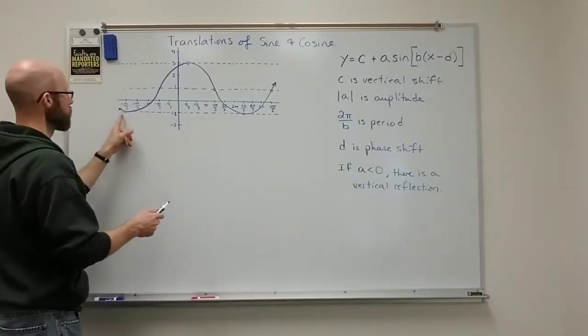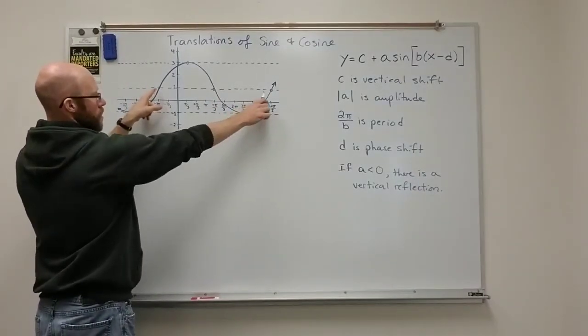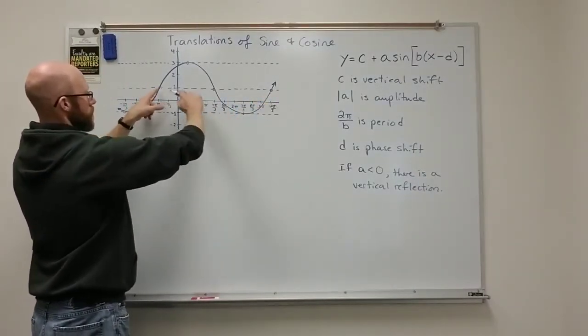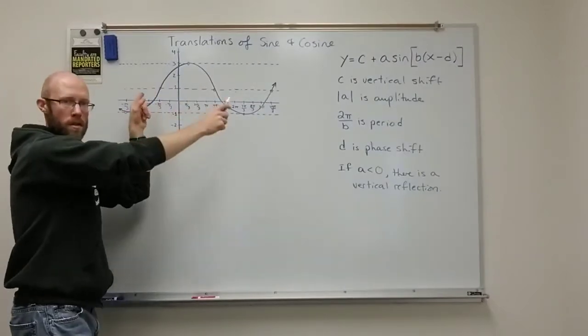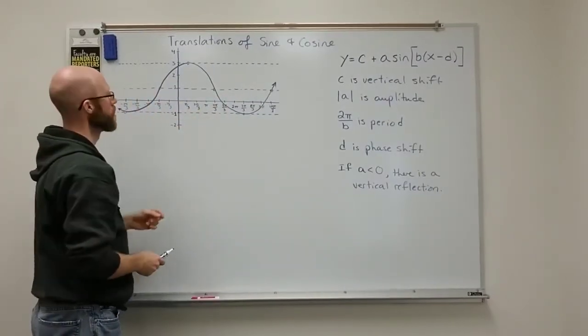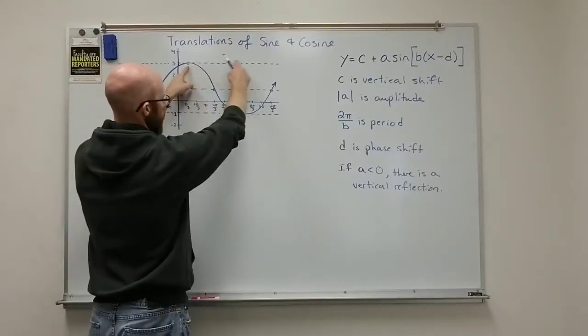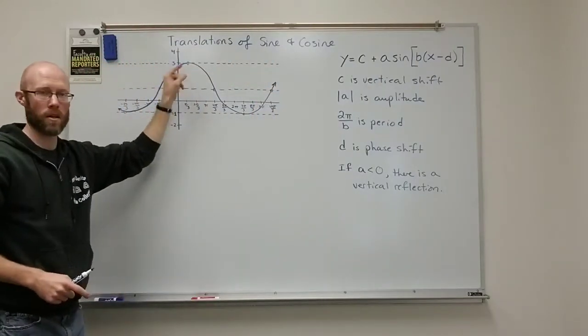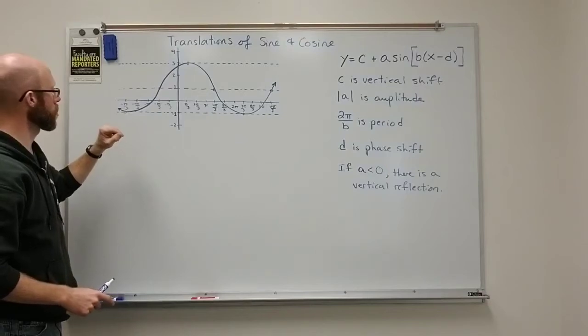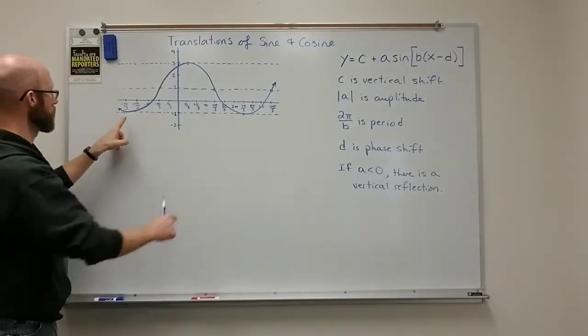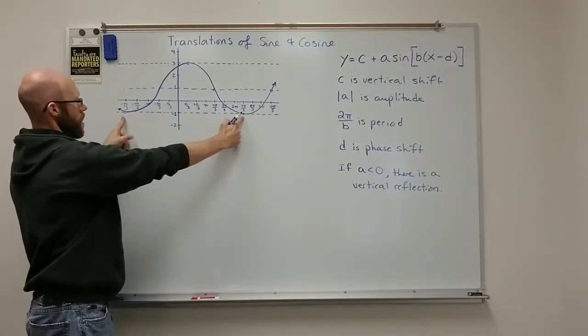So you could go minimum to minimum, or middle to middle, though you always have to skip a middle because there are 3 middles on a wavelength. Or you could go top to top, which I only have one top, so I'm not going to do that. I'm going to go with the bottom to bottom here.